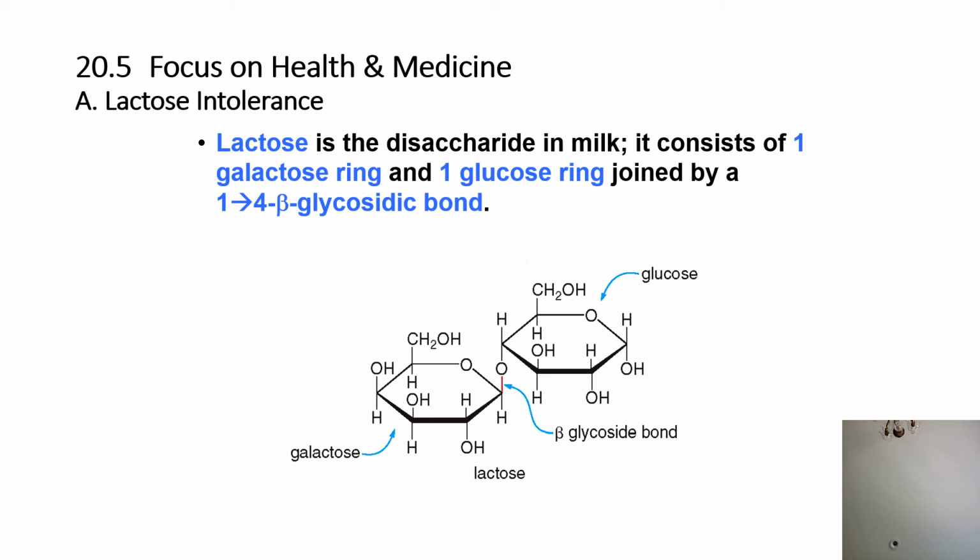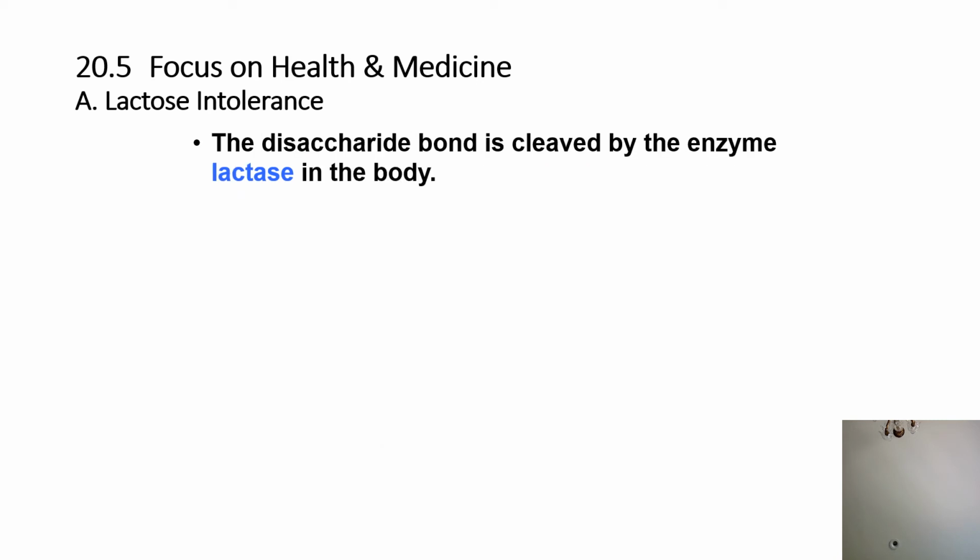So lactose is the disaccharide in milk. We've seen this earlier in another video. And it is composed of a galactose and a glucose monosaccharide each. And these are joined by a 1,4 beta glycosidic linkage. And individuals that are lactose intolerant do not make the enzyme that is required for the metabolism or the hydrolysis of that glycosidic linkage.